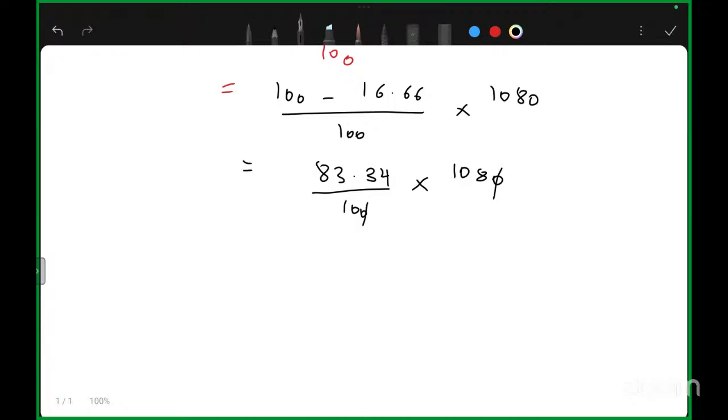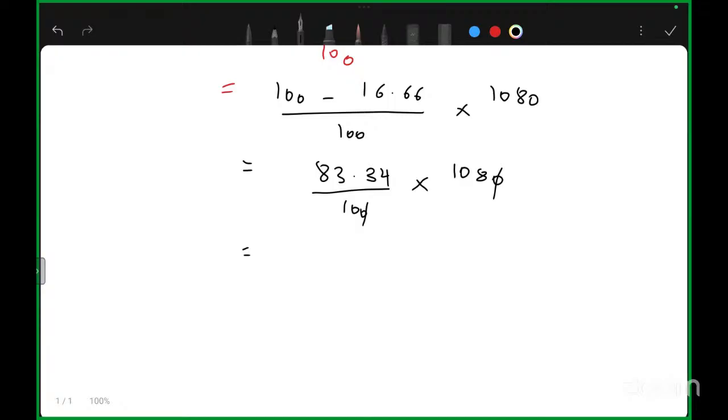Multiply 108 with 83.34 and divided by 10 means you just add one more decimal. Let me solve and tell you, one second.